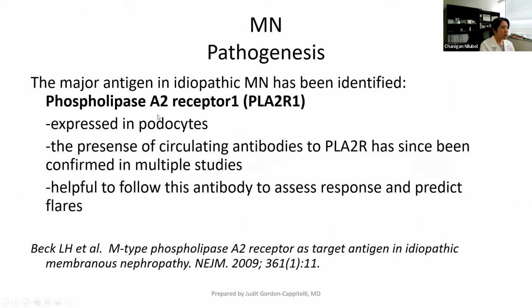Whether this is just a marker or actually pathologic, we're still studying, but we've been using it clinically when we suspect membranous nephropathy. Nephrology would order a PLA2R antibody, which can have a pretty high positive predictive value that this is primary membranous, not secondary.